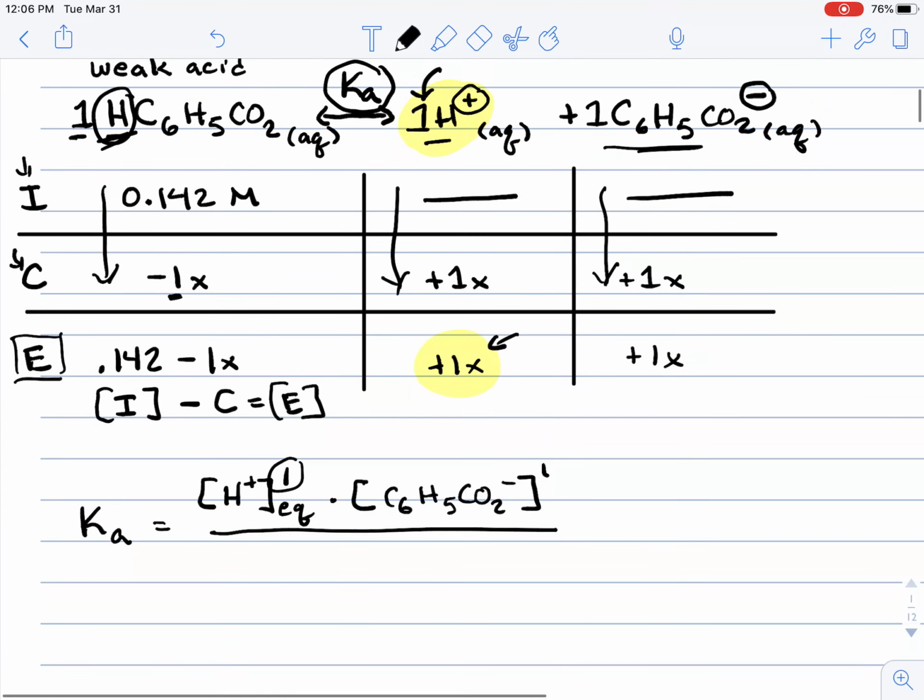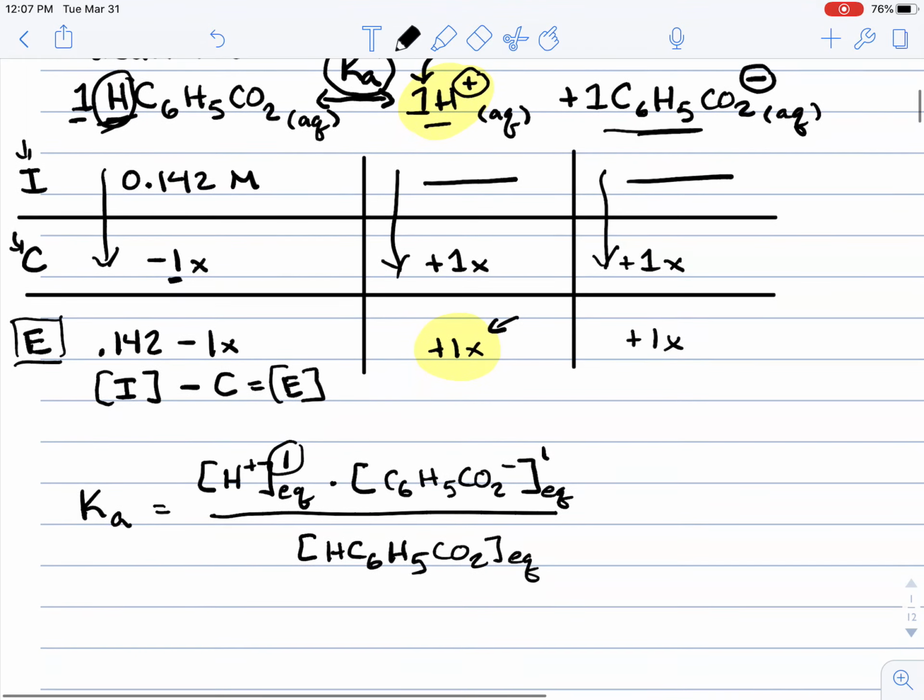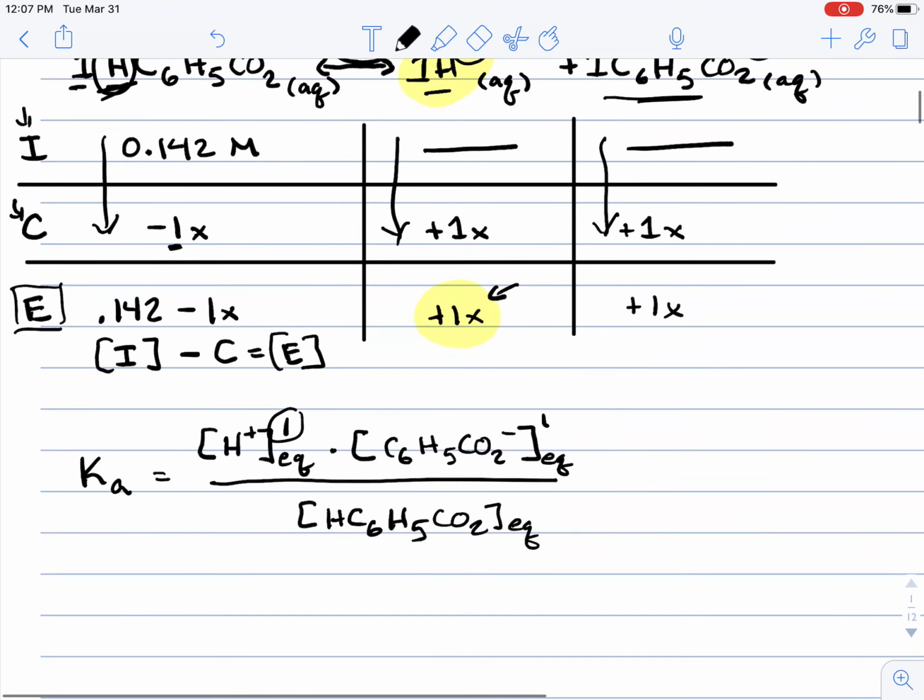And then we're going to divide that by our reactant. So in this case, it's going to be the concentration at equilibrium of HC6H5CO2. Once again, we need to remember that all of these values are going to be at equilibrium.